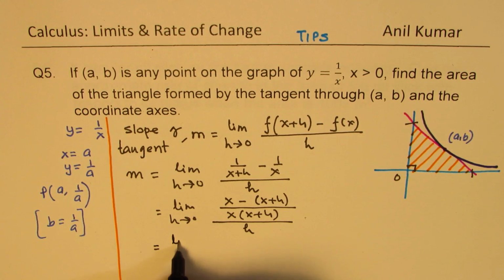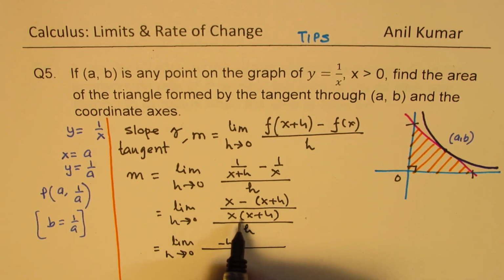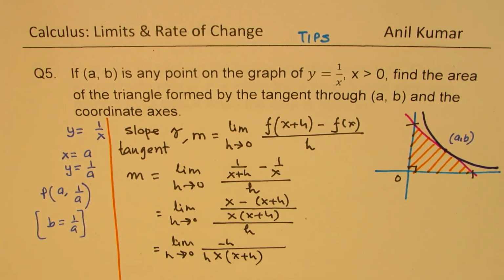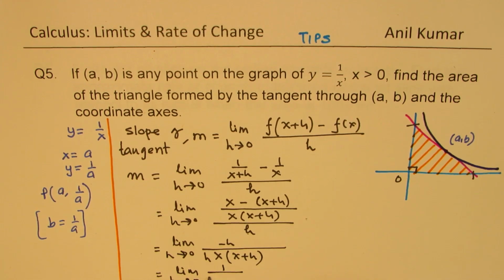Now this could be written as limit h approaches 0, x minus x minus h, which is minus h, over x times h times (x plus h). Now h and h cancel, so we get limit h approaches 0 of 1 over x times (x plus h) with a negative sign, correct? And this is equal to minus 1 over x squared.